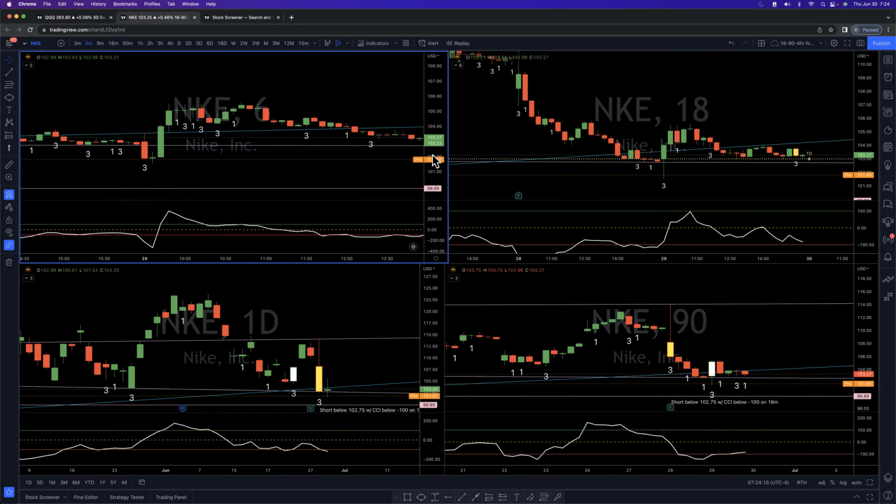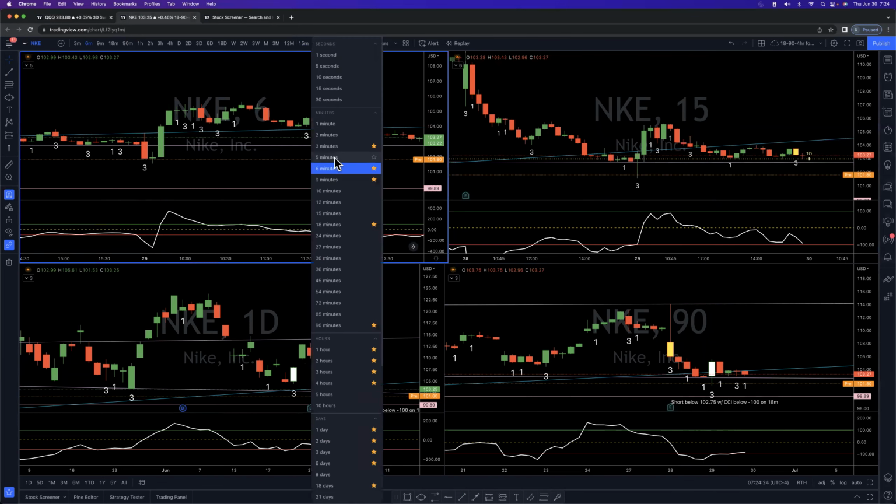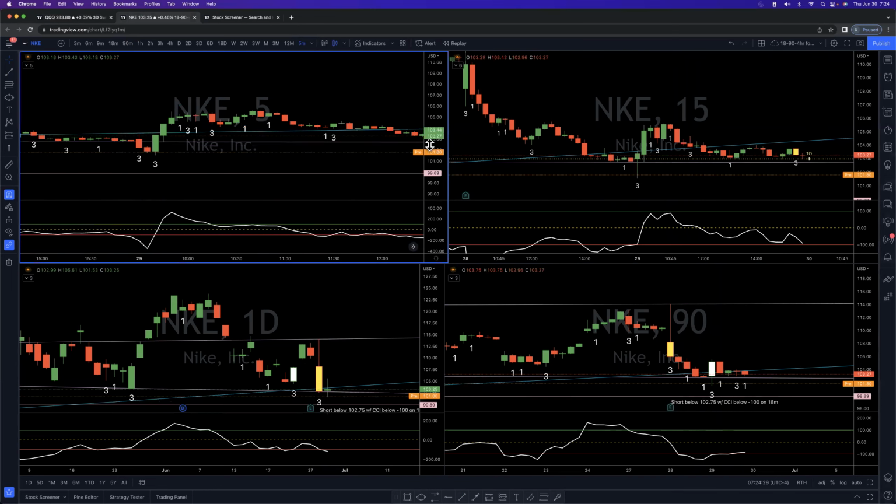If you were looking at this and you saw this move, and if you had waited on the 15-minute flip, let's see if you are a 5-15 person, see what that would look like. All right, and so that actually doesn't look as nice. I just don't like the fives.